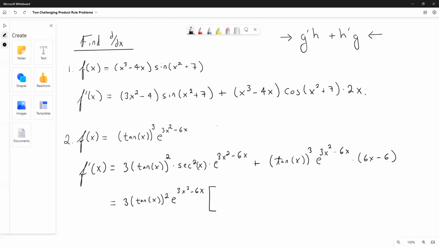So what's left over in this term is just the secant squared. Okay, and then what's left over in this term, we've got a single tangent. And then the 2x minus 2. So we could write that as 2 tangent x times x minus 1.